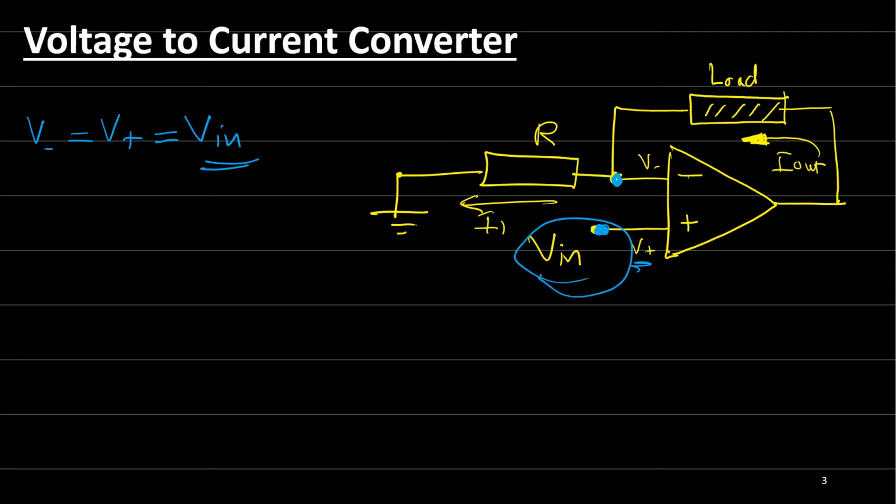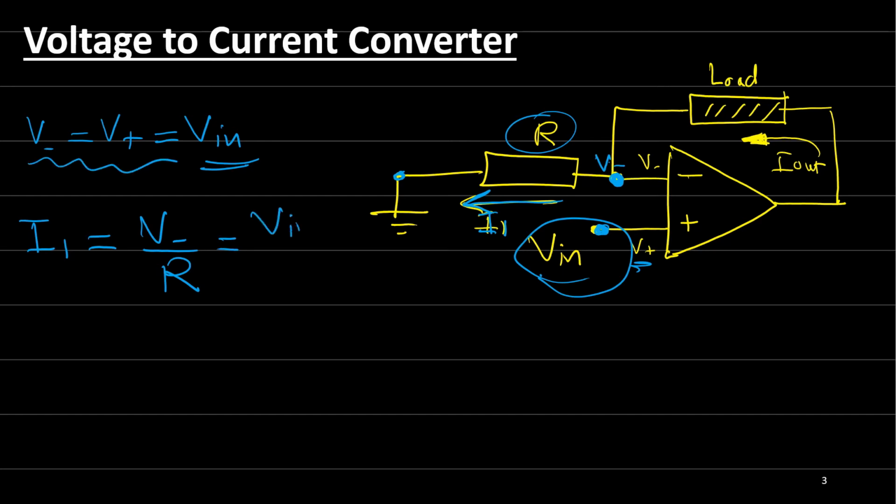Now if you try to calculate I1, the current here, it is the voltage at this node, V minus minus 0, over R. So V minus over R. And V minus is how much? From this definition, it's V input over R.